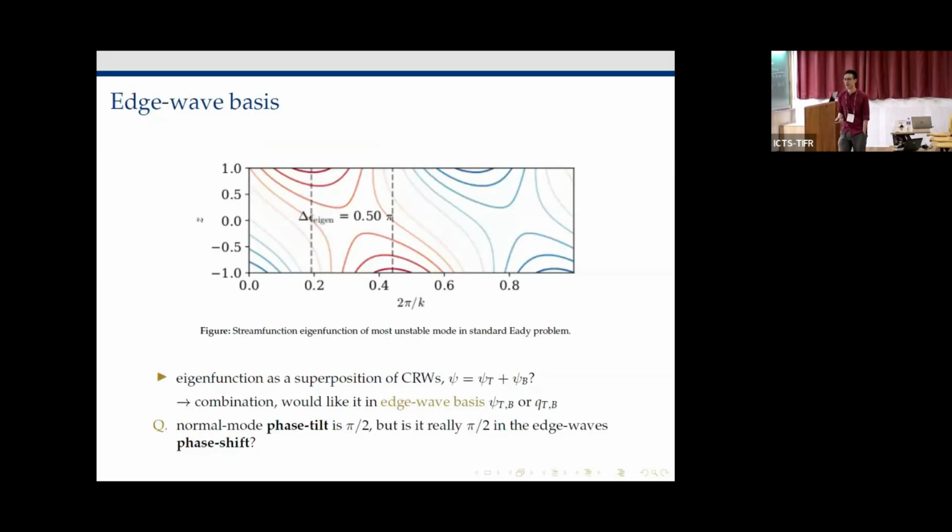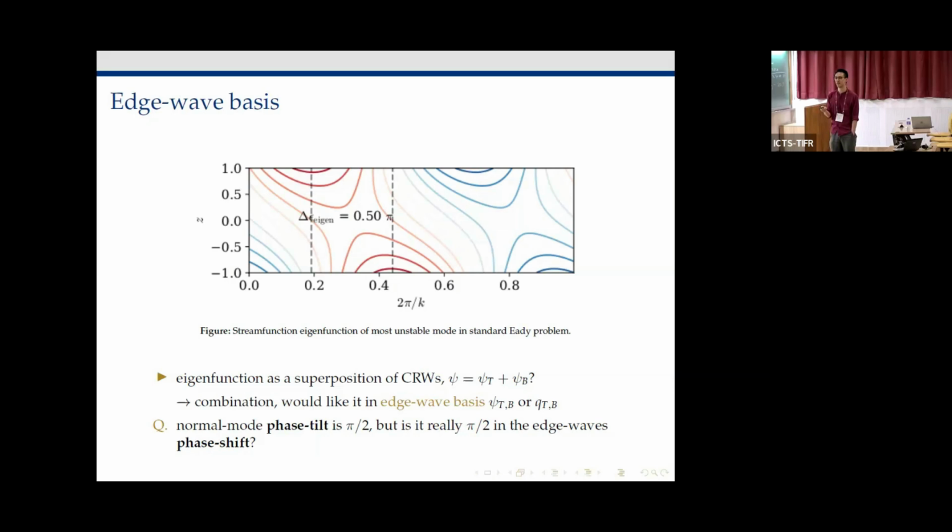All right. So let's go back to the first problem. This is looking at an eigenfunction, but as I mentioned before, is the eigenfunction really the best thing to look at? If we talk about edge waves, maybe we should just actually look at the edge waves. So the mathematical problem is that this is a superposition of two things. You somehow want to define an appropriate psi t and psi b such that the linear superposition is this guy.